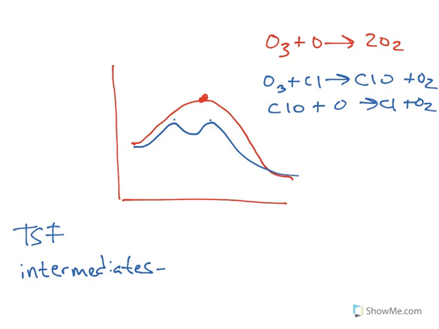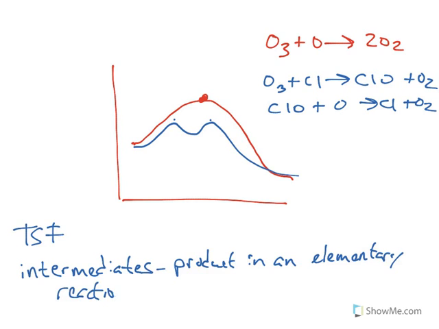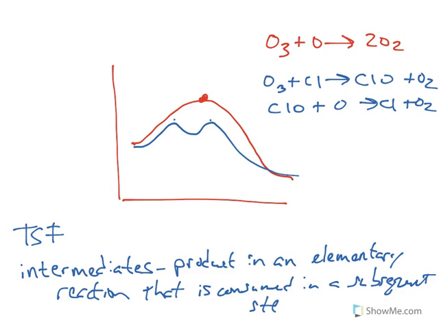These are something that is going to be a product in an elementary reaction that is consumed in a subsequent step. So, which reaction has an intermediate, and the transition states, all that good stuff.